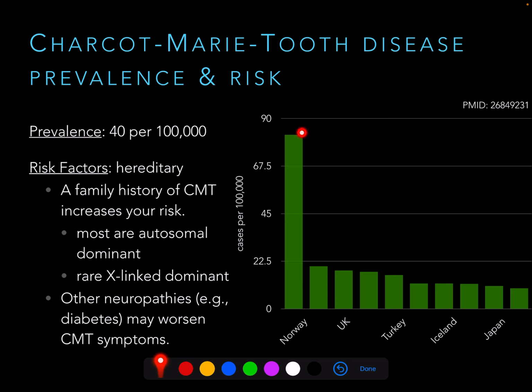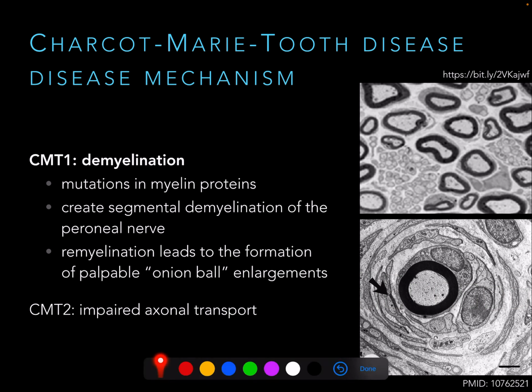You know, if you're over in Norway, your risk is a whole lot higher than over here in the UK. Certainly a family history increases your risk. There's several genes that can cause Charcot-Marie-Tooth disease. Most of them we see are autosomal dominant, but there is an X-linked dominant version of Charcot-Marie-Tooth as well. And anything that damages nerve function can worsen Charcot-Marie-Tooth disease.